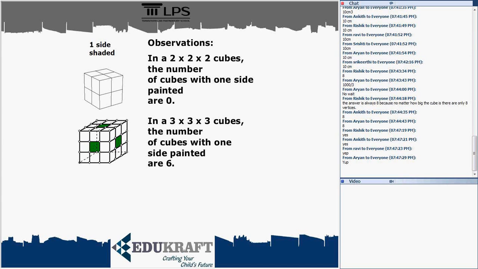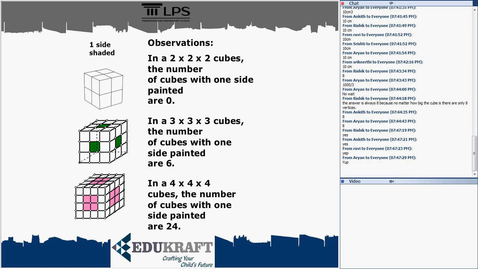In a 3 by 3 by 3 cube, the cubes with one side painted are 6. In a 4 by 4 by 4 cube, the number of cubes with one side painted are 24. These are clearer than the other ones, which will help you visualize the cube. So the 4 by 4 cube we dealt with earlier, okay, this helps you clarify that.